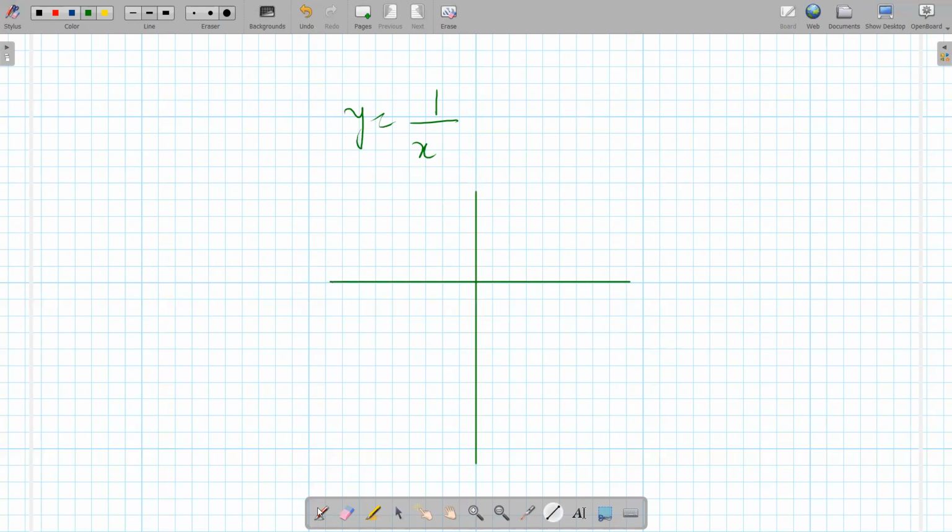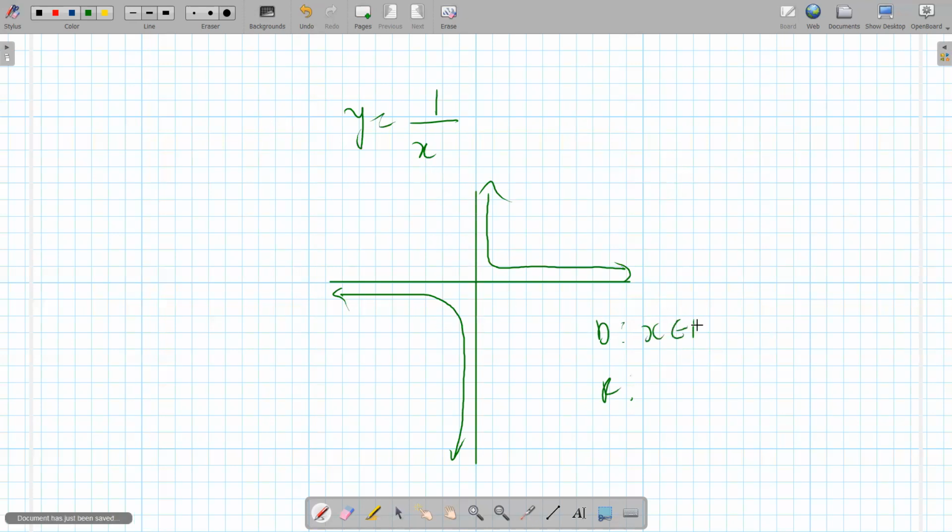So 1 over x, this is called the reciprocal function, and it looks like this. So what's the restriction on this? What's the domain and range? So unlike the other functions where they were greater than or less than something, here the restriction is that x cannot be 0, and that's the only restriction. x can be anything apart from 0.